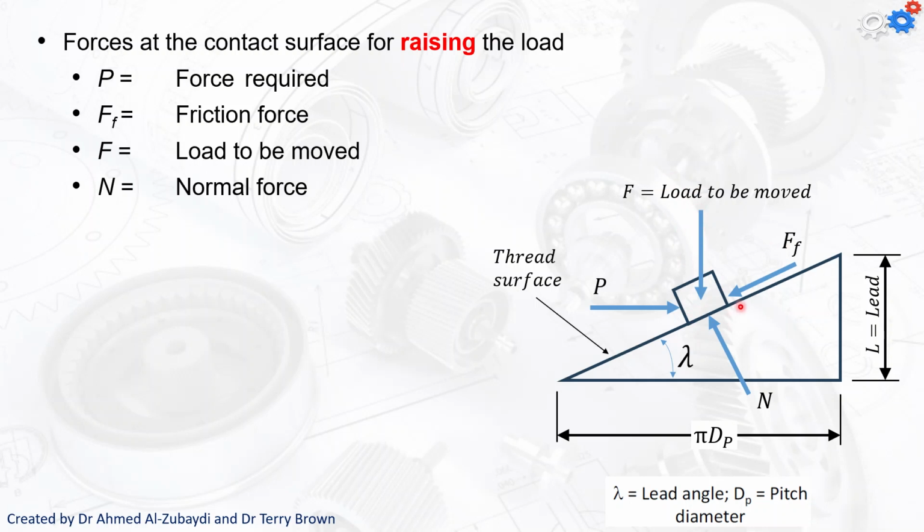We've got friction being developed between the load and the screw thread, and we've also got a normal reaction force. And again we've got the parameters that define the thread itself: the lead angle, the lead, pitch diameter, and so on.